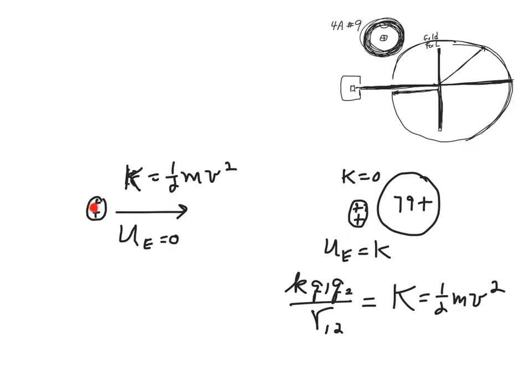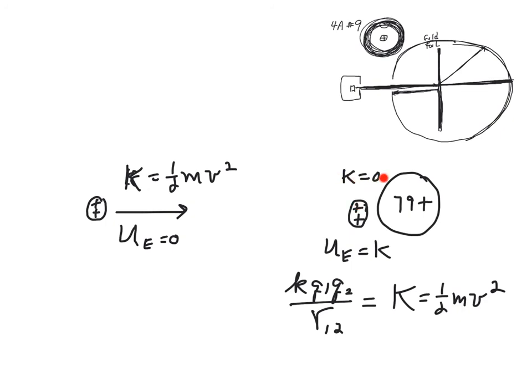Here's the alpha particle coming out of the radium. It comes out with a kinetic energy. Mass and velocity are given to you. And it's far away, so its electric potential energy at this point is 0. It travels, it slows down, it slows down, it slows down, it reaches the point at which it's going to turn around, and it stops.